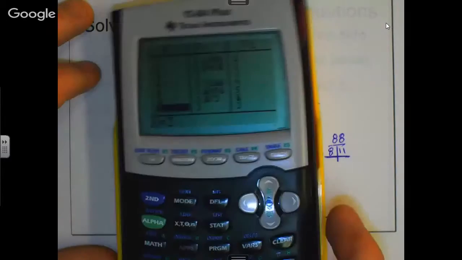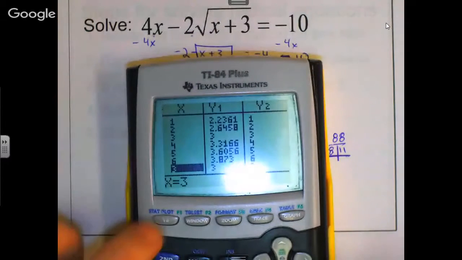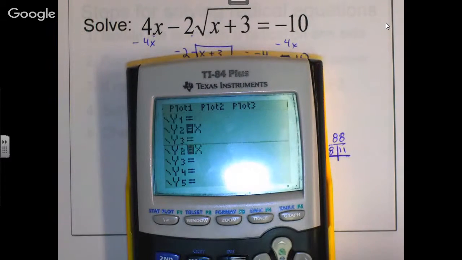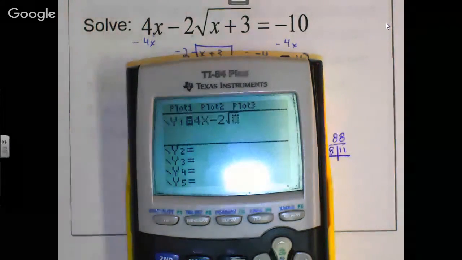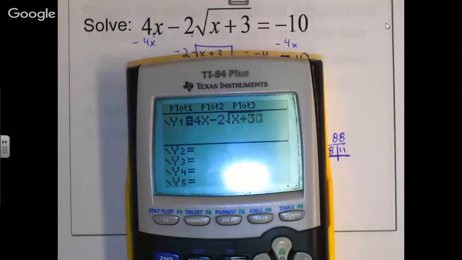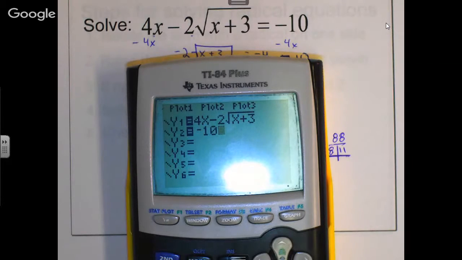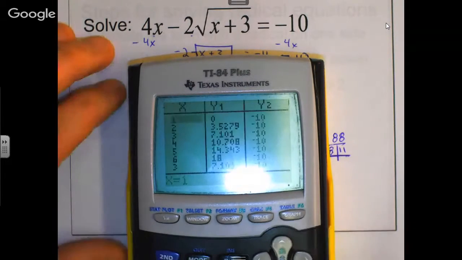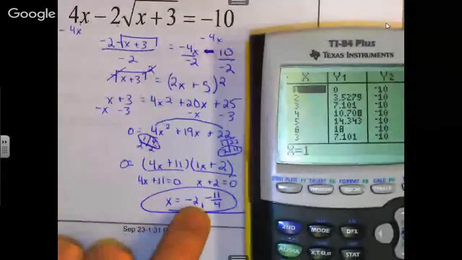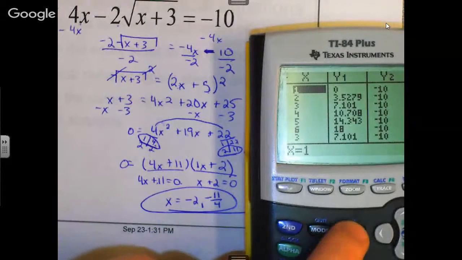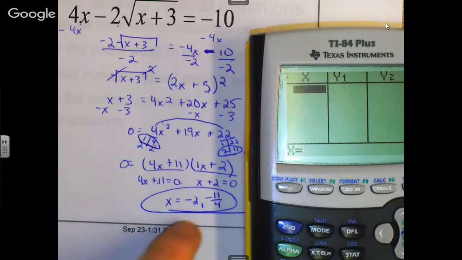If we go to graph it here, clear those out. One of them is 4x minus 2 square root of x plus 3. And the next one is minus 10. If we go to the table, we get to type it in. So we can just delete these out, if you want, you don't have to.